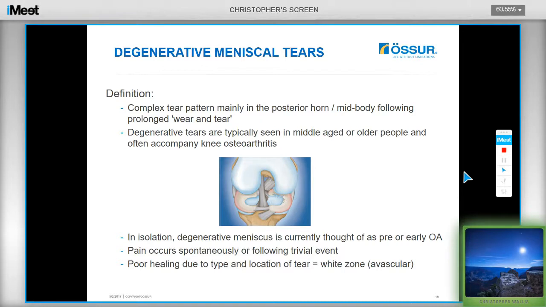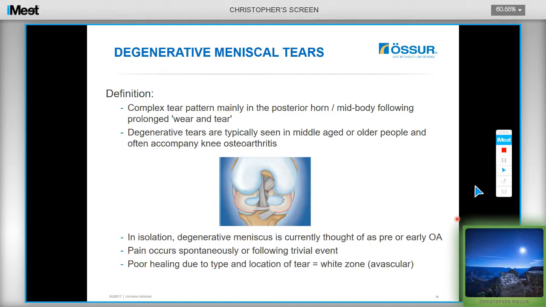There'll be a complex tear pattern, mainly in the posterior horn and mid-body, and they're often associated with wear and tear. So wear and tear is one of those terms that we certainly associate with degenerative knee joints and osteoarthritic knee joints. And these degenerative tears are typically seen in that same category, middle-aged, older patients, and they can accompany knee osteoarthritis or they can occur in isolation.